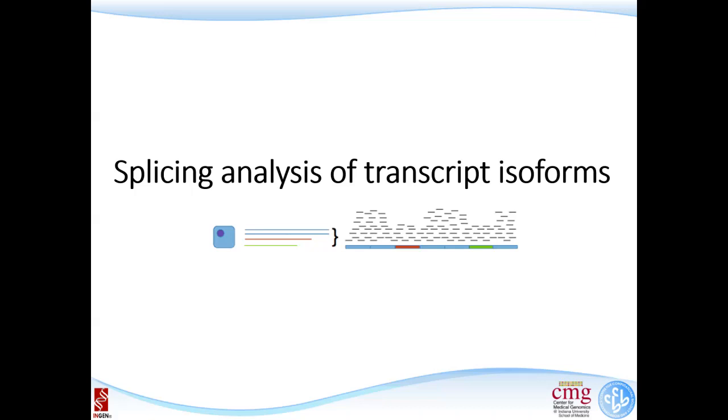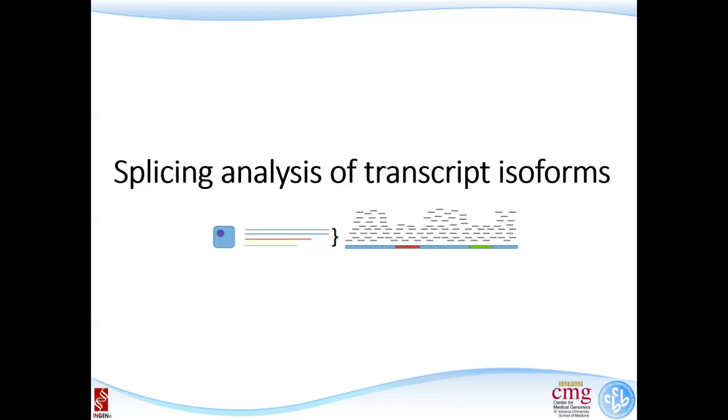All right. So splicing analysis from transcript isoforms is another problem when it comes to this transcriptome assembly. And what you're looking at here is a graphic of a cell that's produced multiple transcripts. And then you have exons, the introns have been pulled out. And this is what the data looks like when you generally just sequence the individual reads.